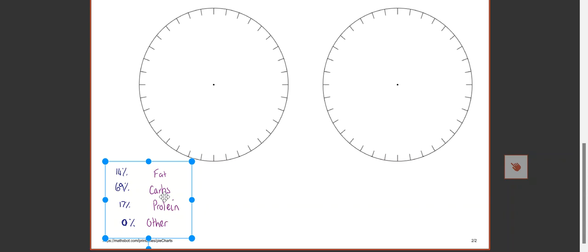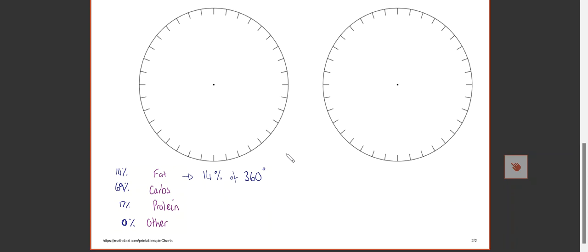Okay, so what we need to do is work out how many degrees for each one. So I'm going to do the first one with you, see if you can apply it to the rest. Okay, so let's work out how many degrees 14% is. So 14% of the whole circle is 360 degrees.